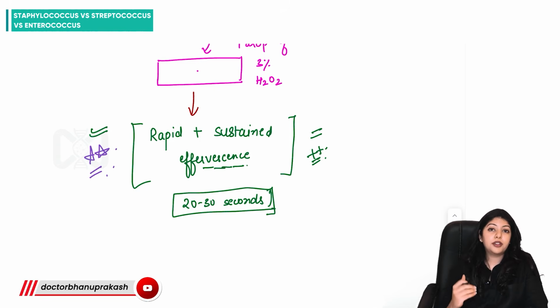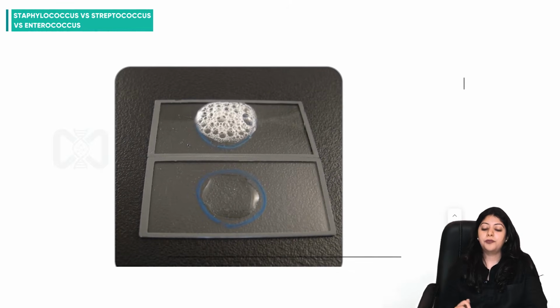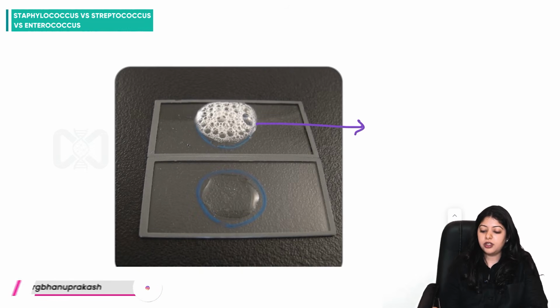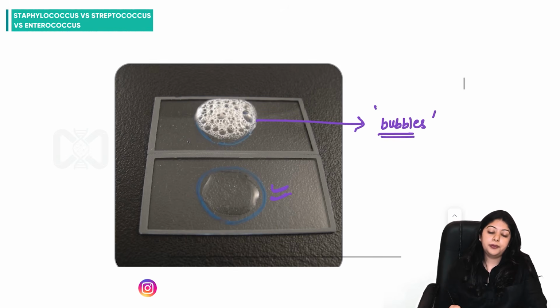If it is seen immediately, then we consider it as a positive test. And how are we going to appreciate it? This is the effervescence we are talking about. Rapid and sustained bubbles after adding 3% H2O2, and this is a negative result, right?